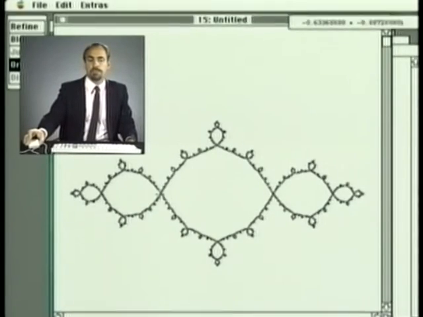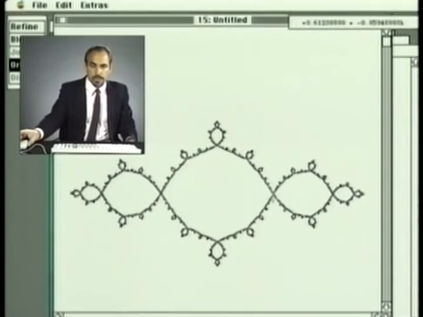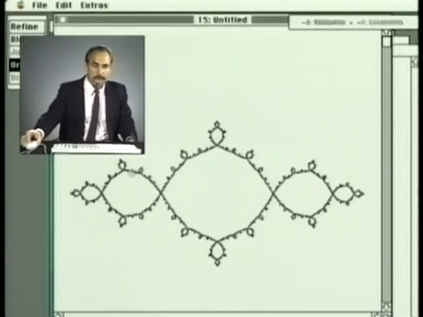In order to complete my description, I have to describe where this part of the drawing goes. Well, this point maps to here. This curve maps to the top half. Then all of these decorations up at the top map to this tip. Then this curve maps to the bottom.